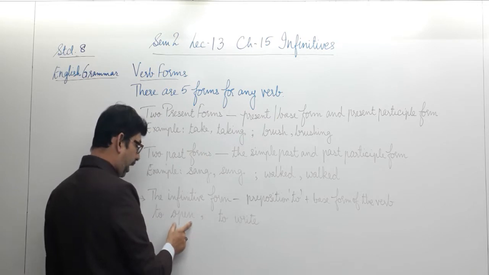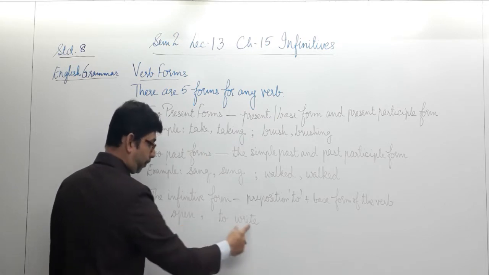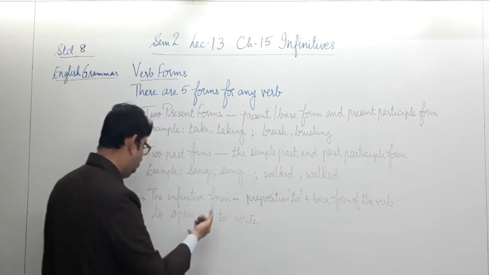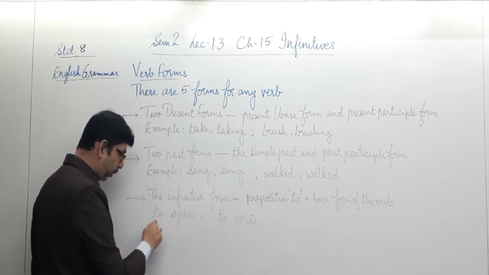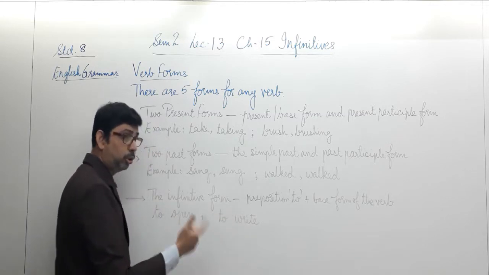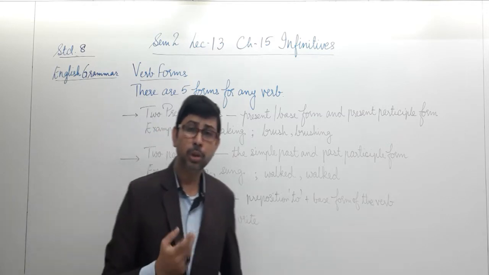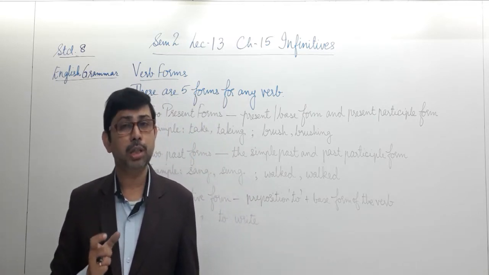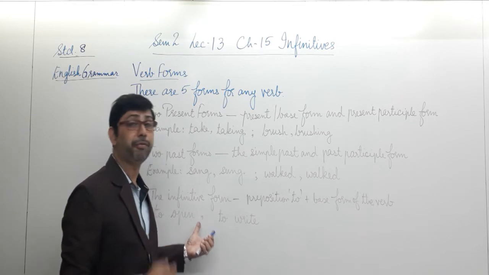So if I similarly take a word open, open is the base form. Write is a base form of a verb, an action doing word. When I precede it with the preposition to: to open, to write, to close, to give, to take, such words or such formulation is called infinitive form.